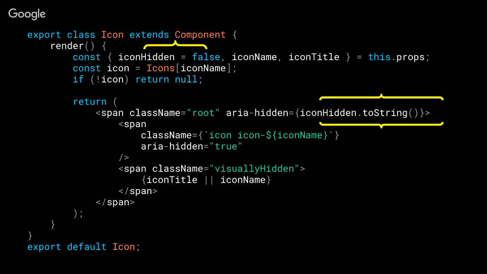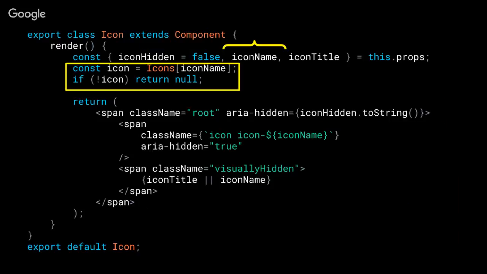This way, we're guaranteeing that this icon will read out to screen readers no matter what, unless the developer purposely specifies otherwise by passing in the icon hidden equals true prop. We assign this prop to the aria hidden attribute of the wrapper component to control whether the icon reads out in your app at runtime.